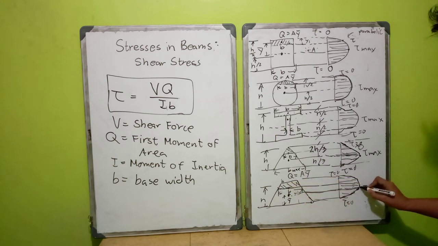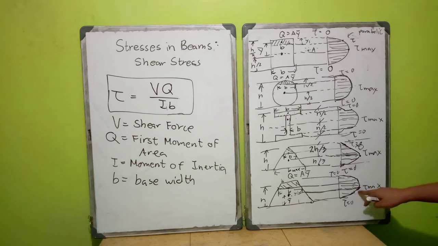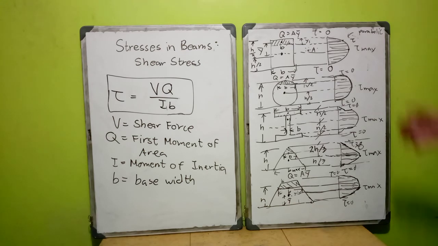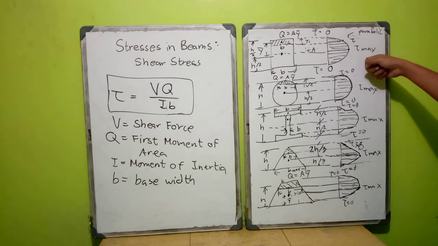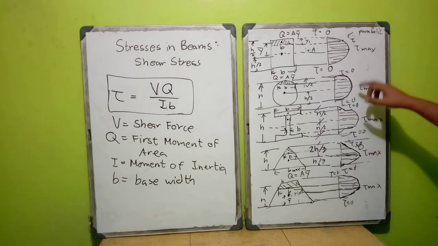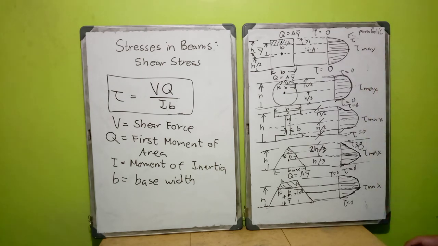So the shape of its shear distribution is more likely skewed downward. These are the different shapes of stress distribution depending on the shapes of your cross-sectional area.